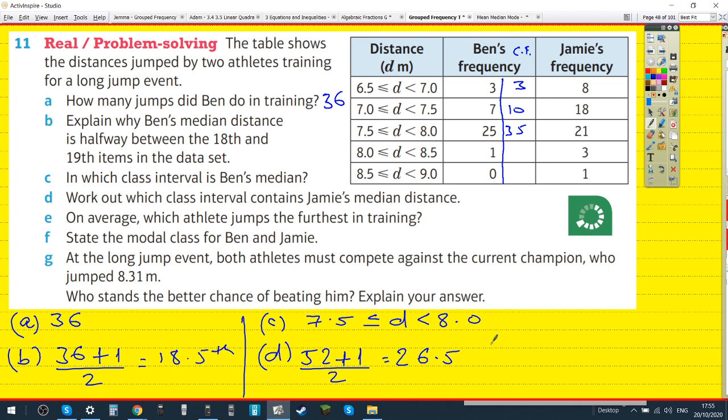So 8 plus 18 is 26. So his one is in 7.5 to 8.0. Yeah, I think it's just barely in that next one. Well done.